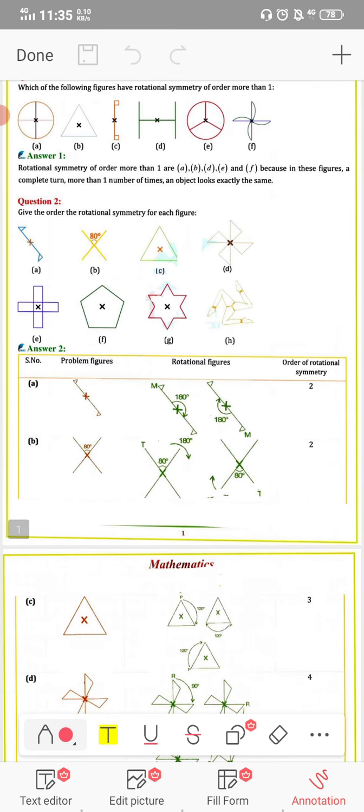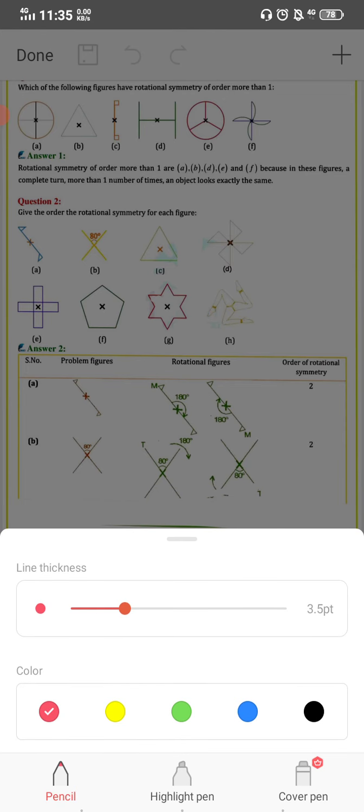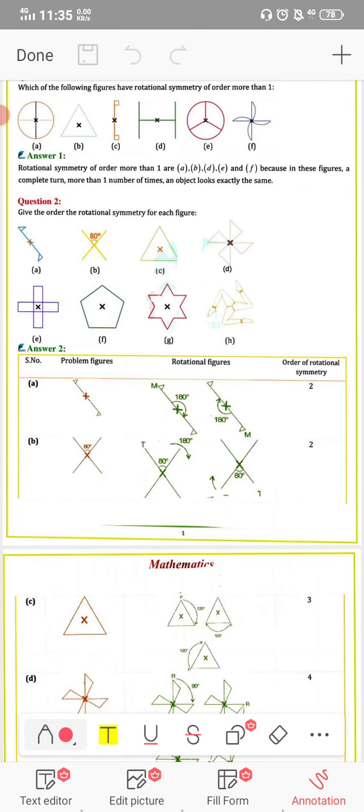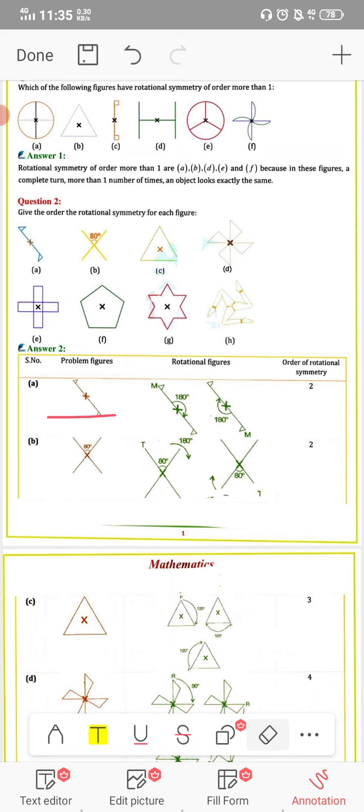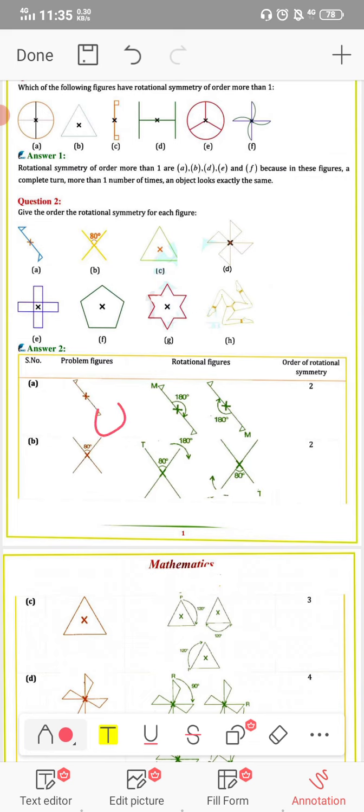In the second question, we are asked to give the order of rotational symmetry for each figure. So for the first figure, if this is the point M, first if we rotate it once by 180 degrees, then the point M will be here, and again if we rotate it 180 degrees, then the point M will be here.